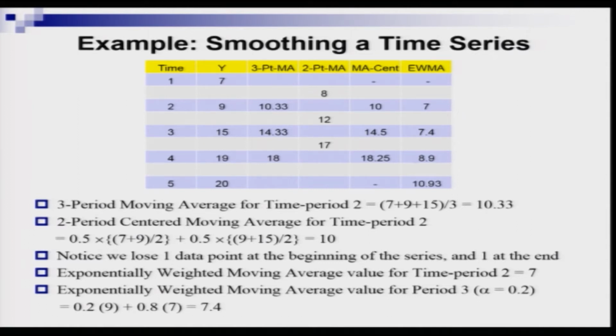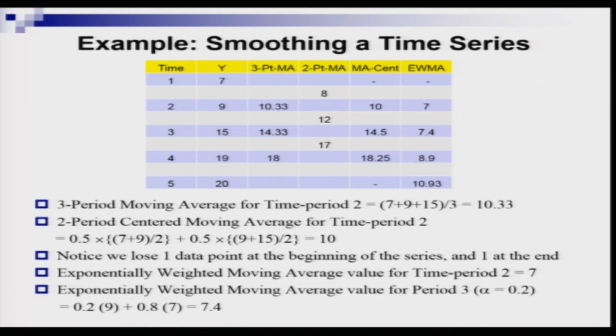But where to place this newly created average? I cannot place this number 8 at either of these 2 time periods, 1 or 2. Actually, this number 8 is placed somewhere in the middle of time periods 1 and 2. That is why I have created this gray cell where I do not have any time reference.